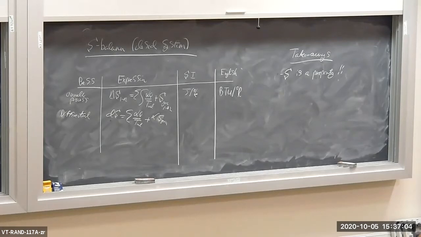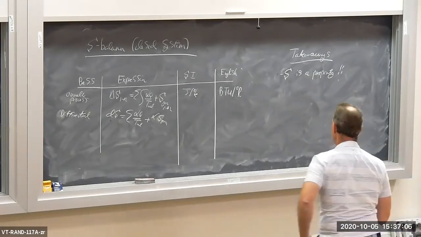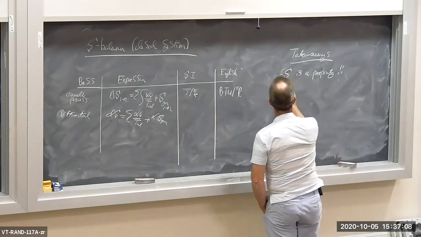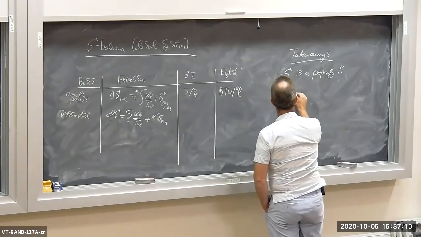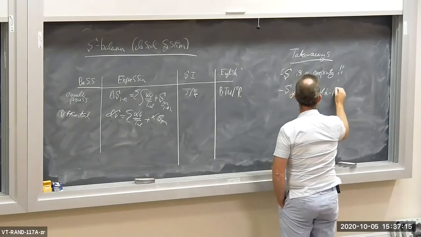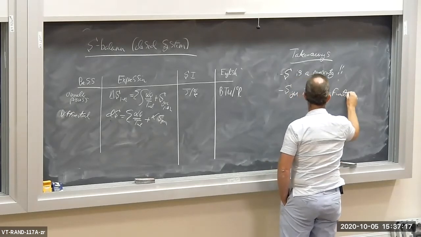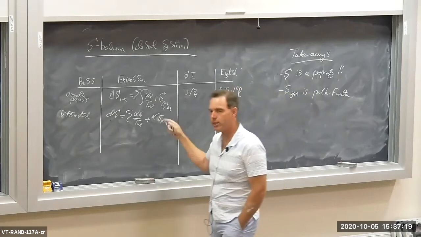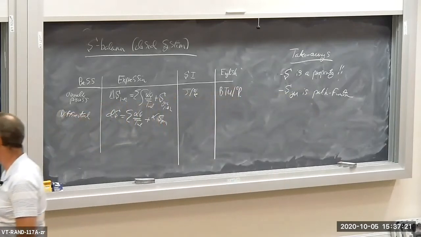So S gen is a path function, not a property, so it's got a del S gen there.